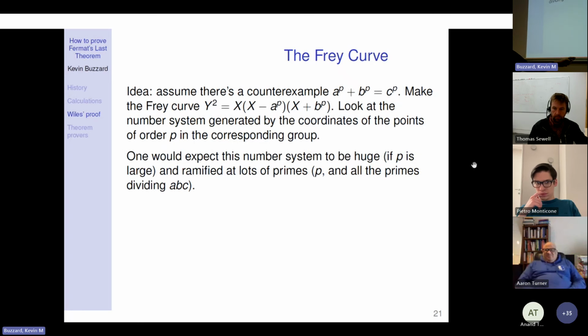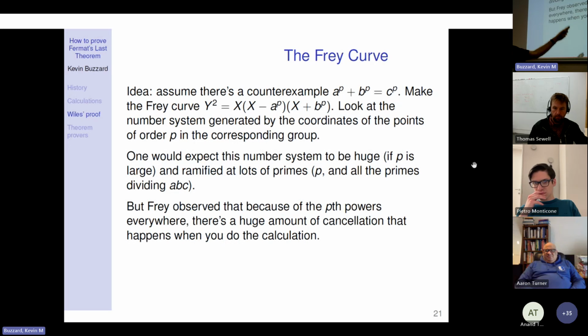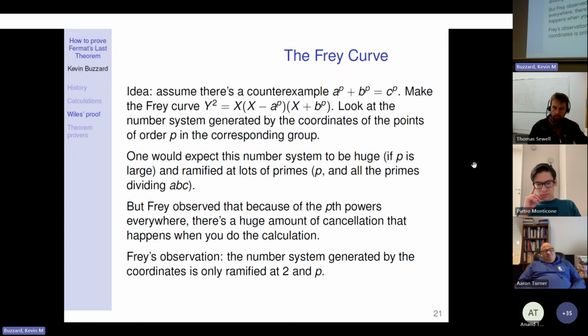You would expect this number system to be very big and very poorly behaved at lots of primes, but Frey observed that somehow the P's in the equation and the pth roots of the identity element cancel out, and some miracle occurs, and you end up with this number system, which we can't ever work out any examples of, but actually can only be ramified at P and at 2, because 2 is a weird number. So this thing can only be ramified at 2 and P, whatever it means.